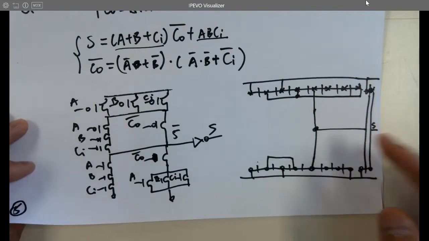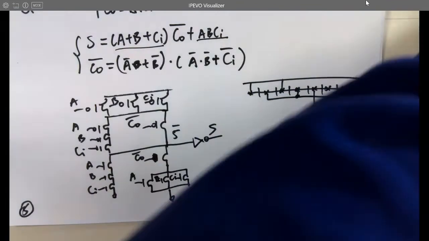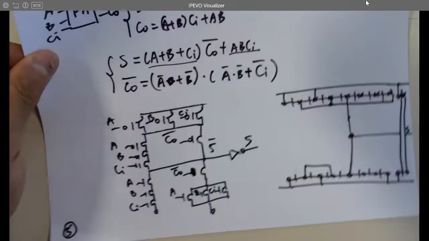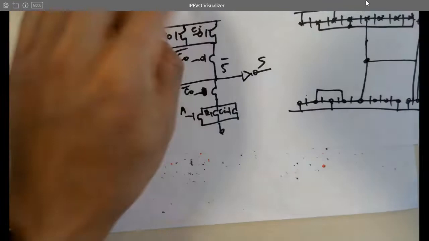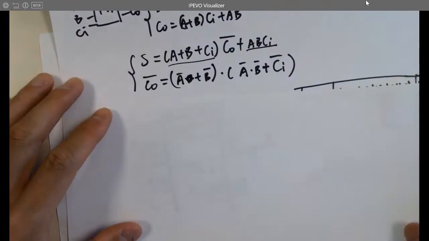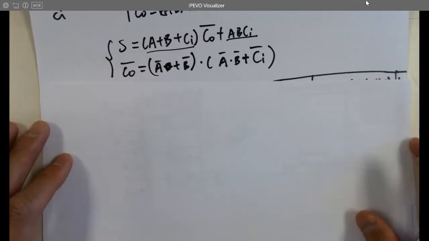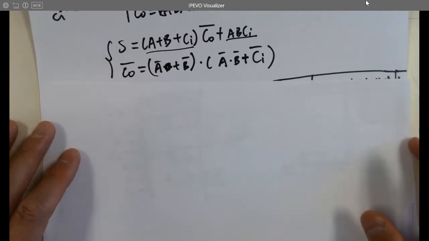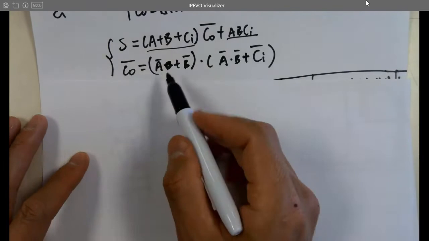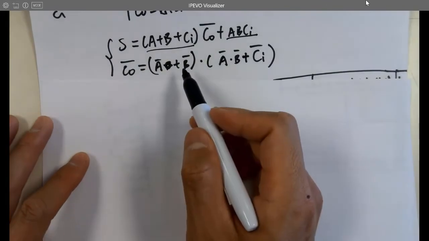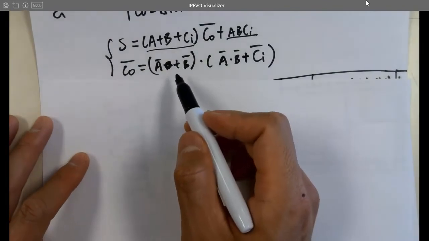Yeah, that's gonna be pretty easy to build. C out. C out. Way easier than all the XORs. If they're the same. C out, A naught, B naught. Wait.